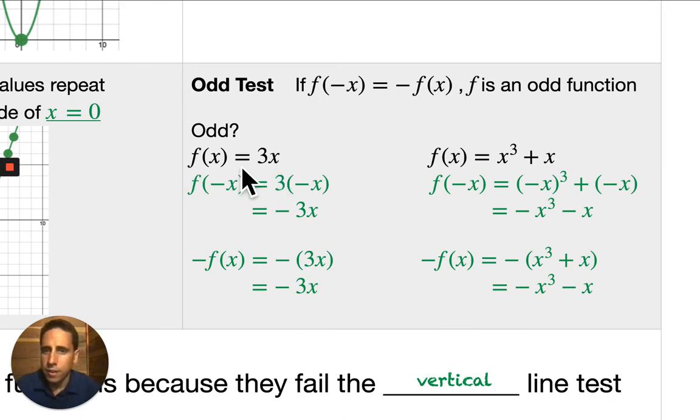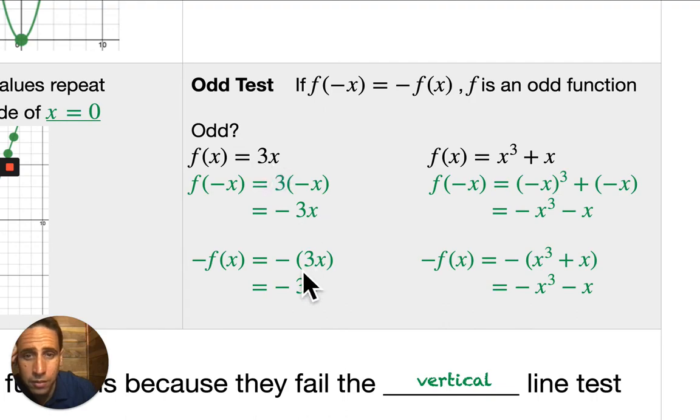If you do have f of x is equal to 3x, let's first work on the left-hand side. We want to figure out what f of negative x is. So you have to put negative x in for x. You notice the parentheses. So instead of x, you have negative x inside parentheses, and then you multiply it by 3. Simplifying, you get negative 3x. Fine. I wonder if that's equal to negative f of x. What does that mean? Well, here, negative f of x can be replaced with what f of x is equal to.